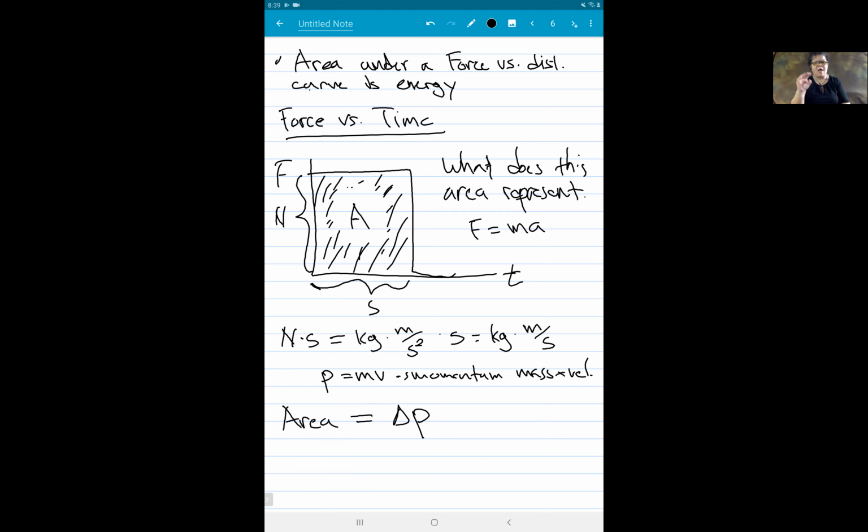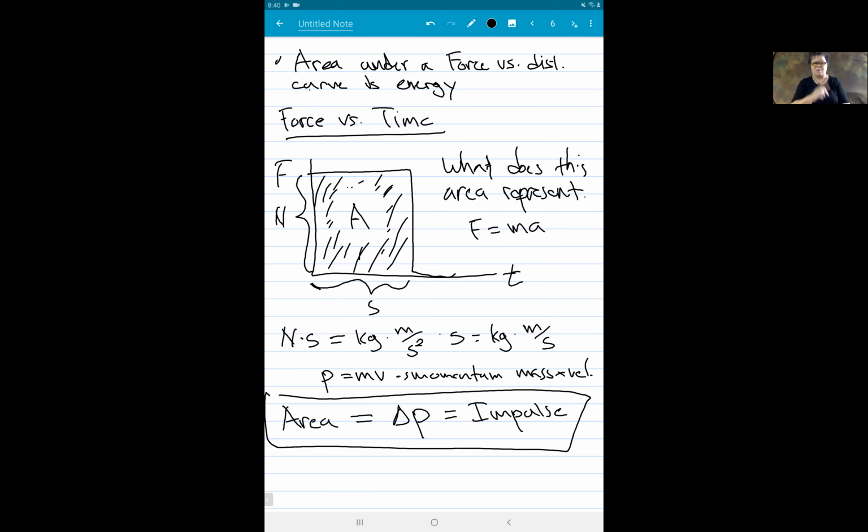This force over time is actually called impulse. And impulse is your change in momentum. Okay, so this is the important concept of the lab right here. The area under a curve on a force versus time plot has units of newtons times seconds, and newtons times seconds is actually change in momentum.